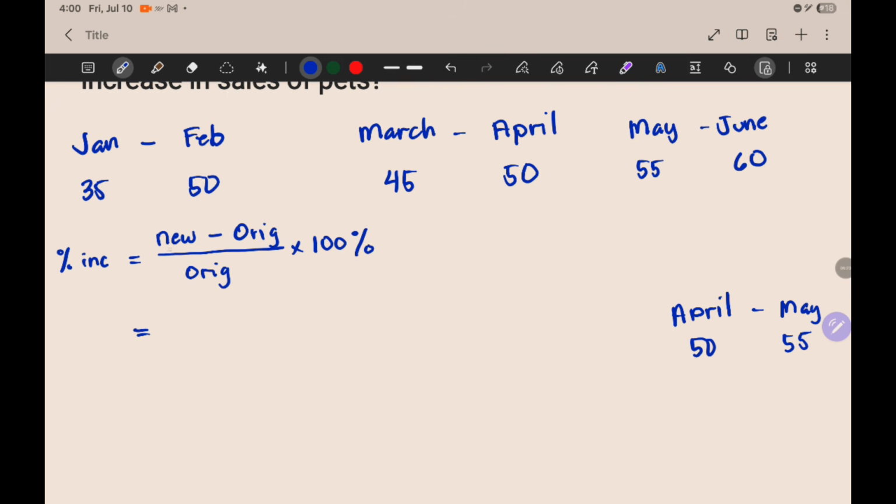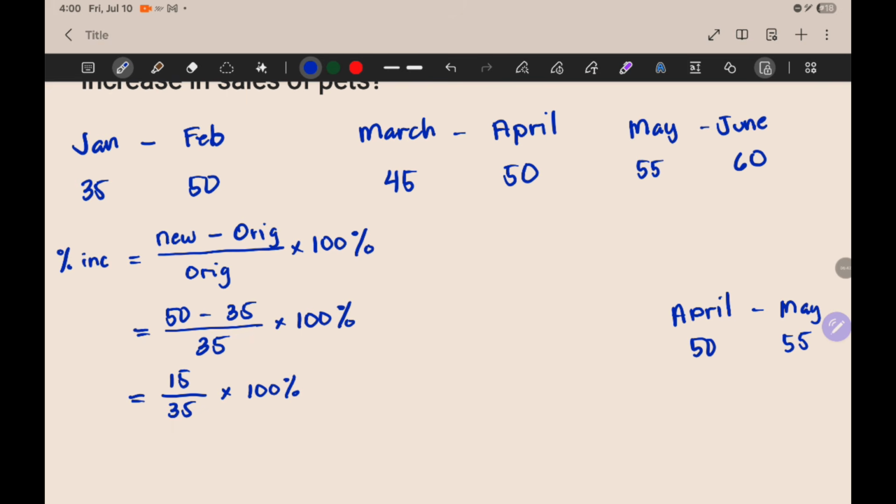So, new value, that is 50, minus the original value, which is 35, all over 35 times 100%. So, 50 minus 35 is equal to 15 all over 35 times 100%.